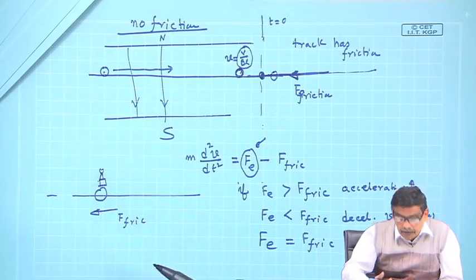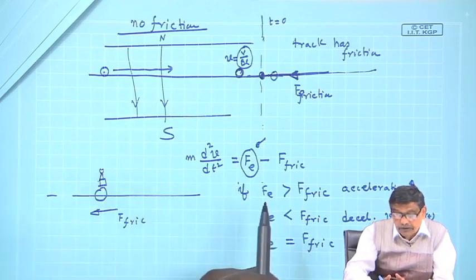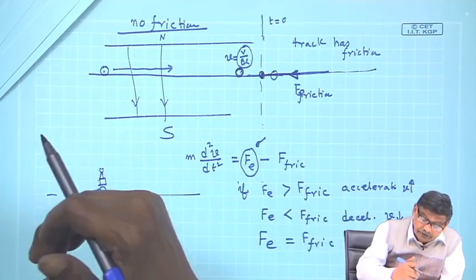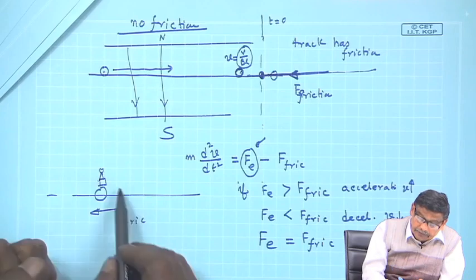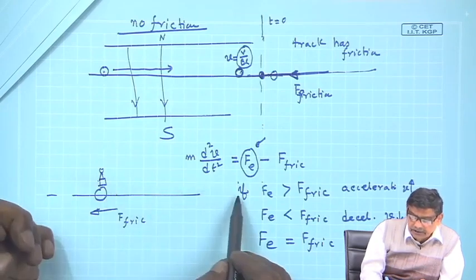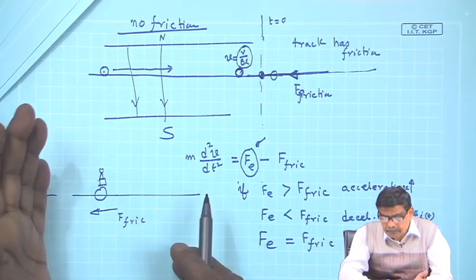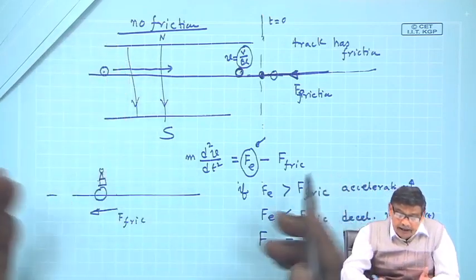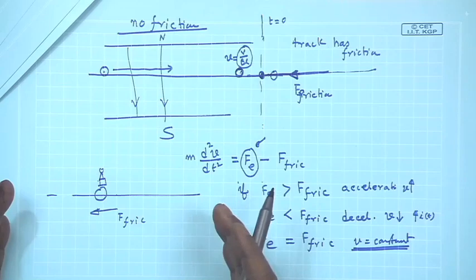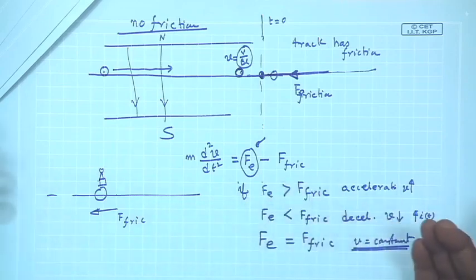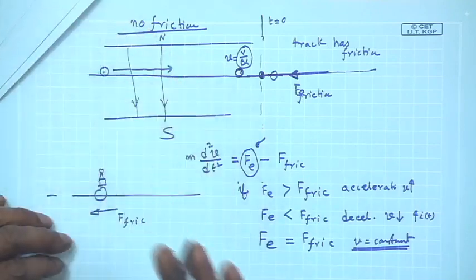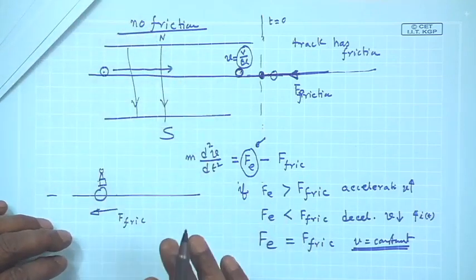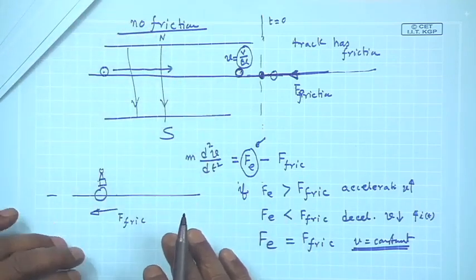How will it draw more power? It will further slow down, so that enough current is drawn. Once again it will move at a constant velocity, which will be lesser than capital V by BL, and that is how things will go. So, this example shows that I can make a single conductor machine.